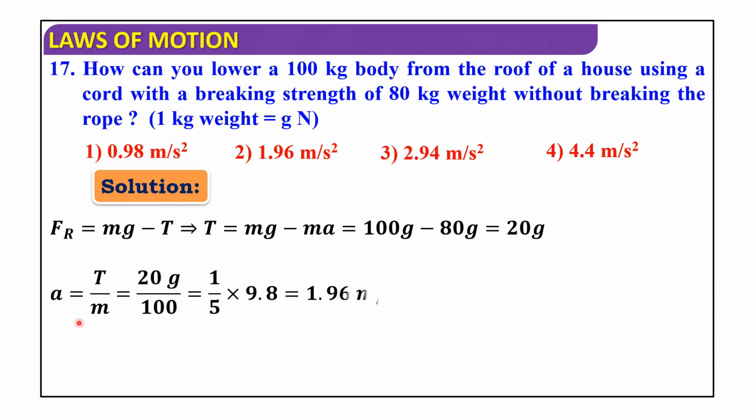So a is equal to 20g by 100, that is 1 by 5 g, where g is the acceleration due to gravity, 9.8. So 9.8 by 5 we are getting 1.96 meters per second square. This is the second option, so the second option is correct.